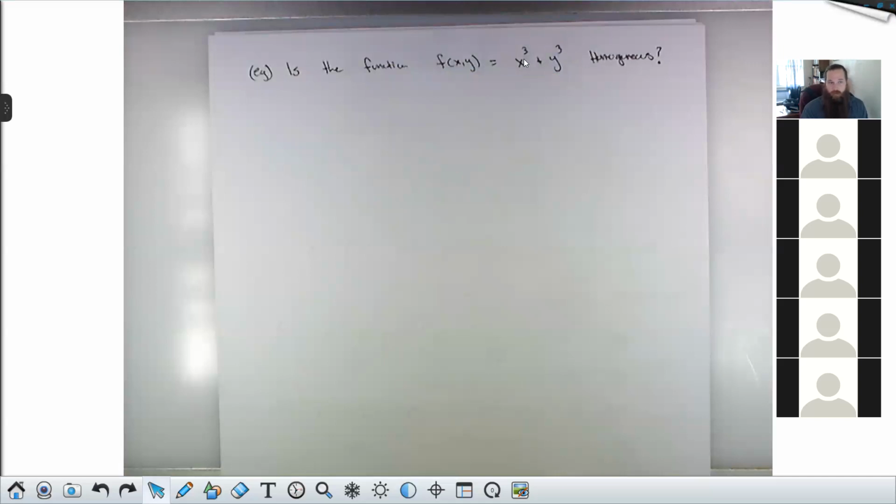So we need to know how to test. Well, the definition says if I swap x and y for tx and ty, then the function is homogeneous if I can sort of factor some power of t out.